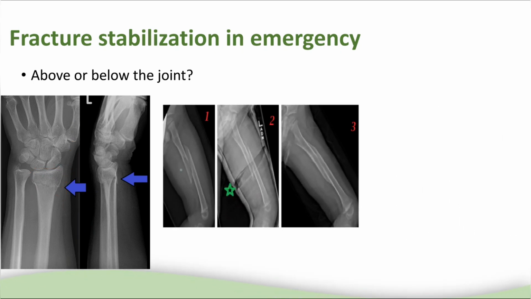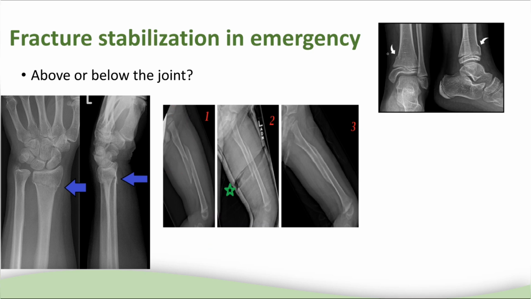If the fracture is occurring from the shaft or from the center, the backslab needs to involve one joint above and one joint below, so you involve both joints.